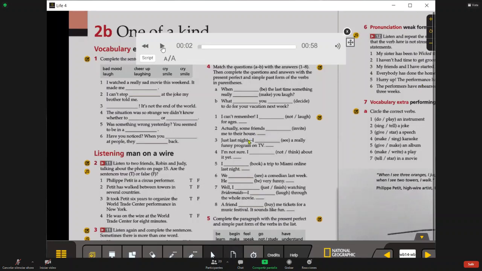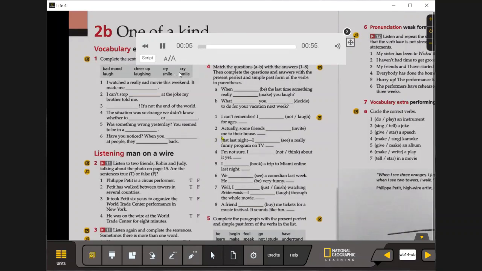Sentence number 1. My sister has been to Wicked 3 times. 2. 2, I haven't had time to get groceries this week. 3. 3, My friends and I have started learning Spanish. 4. 4, Everybody has done the homework except me. 5. 5, Hurry up!